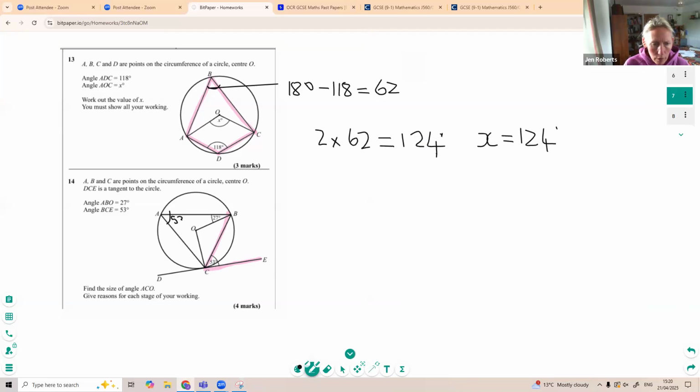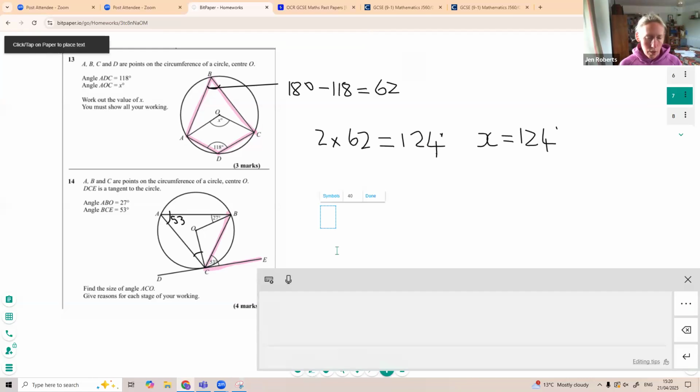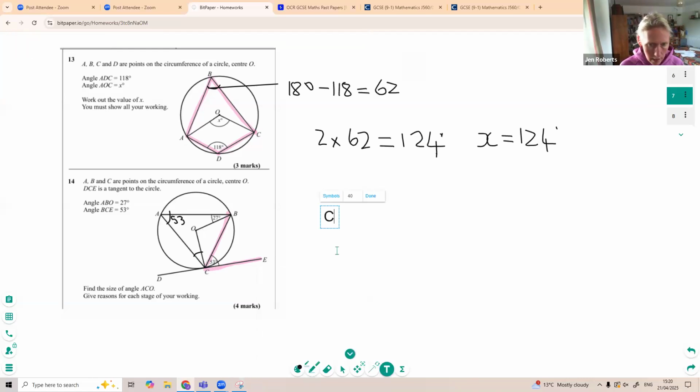What are we even looking for here? ACO. This one. Angle at the circumference. Right, I do need all my reasons for this. So I can say CAB equals 53. My reason is the alternate segment theorem.